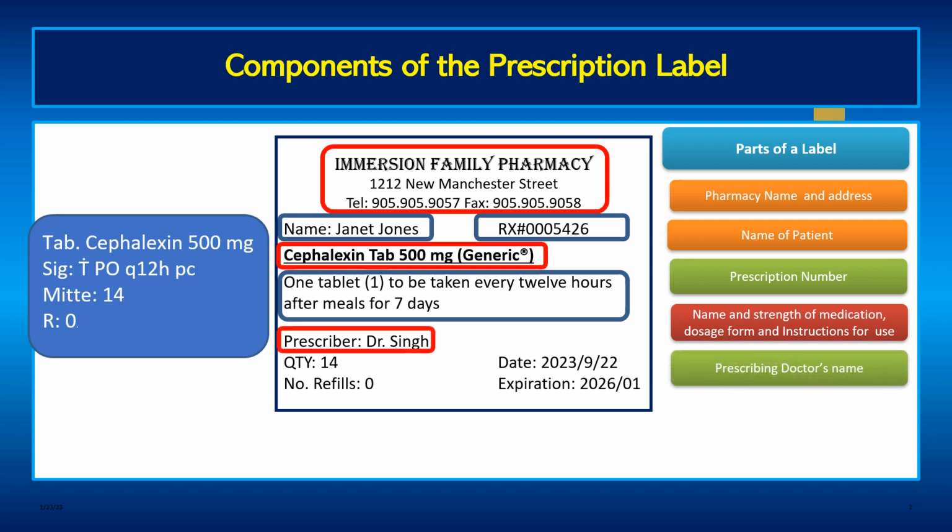Other component of the label, the prescriber information or the name of the prescriber. So in this case, we said Dr. Singh was the one who wrote this prescription. Other bit of information, how much of the medication did you give? So we gave 14 tablets as per the request from the prescription.